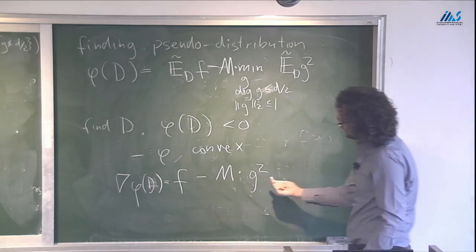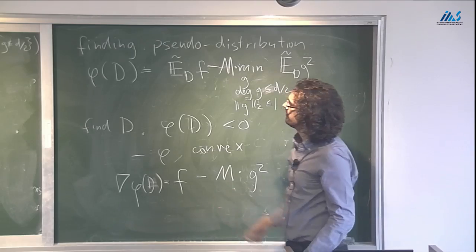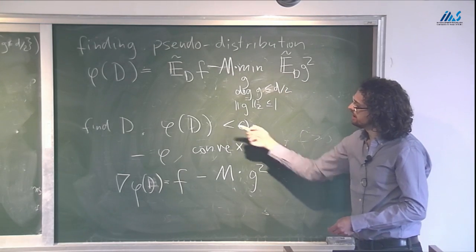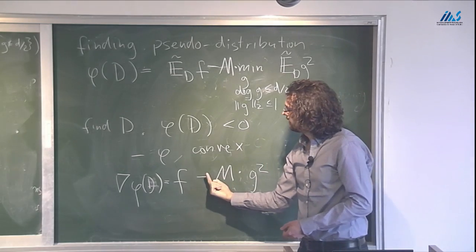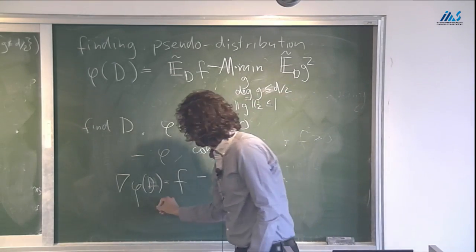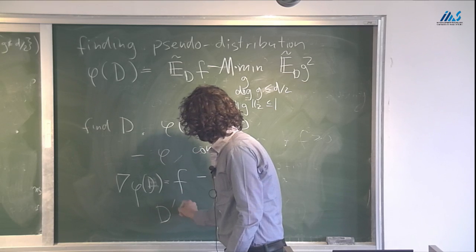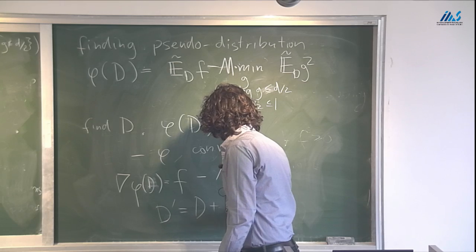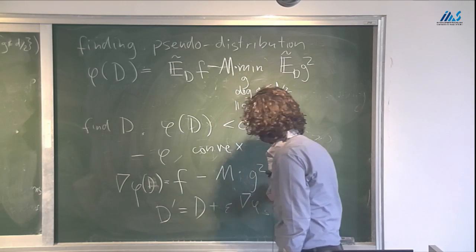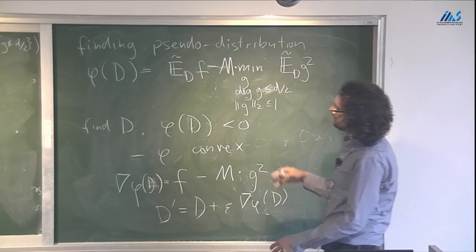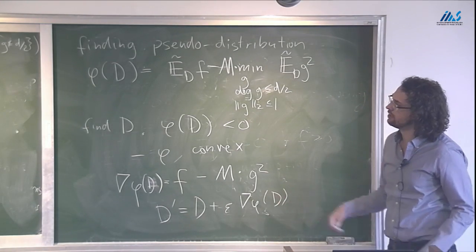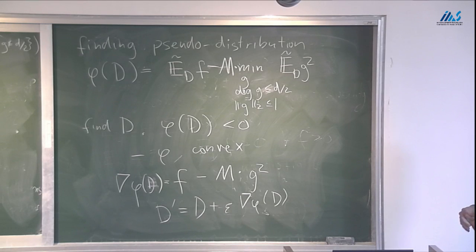That means you can compute the gradient of phi, and you can approximately minimize it by doing gradient descent. If you are at a point D, then you go to a new point D prime by adding a little bit of the gradient. I ignored some details, but you can actually make this into a polynomial time algorithm for max cut and things like that.